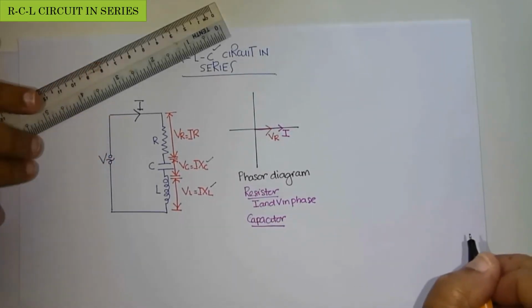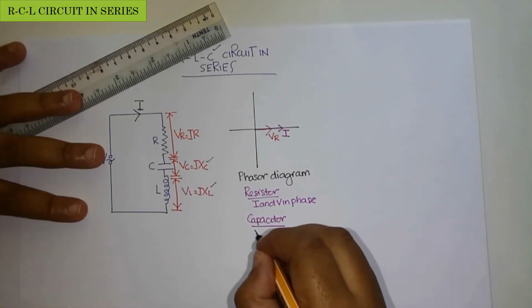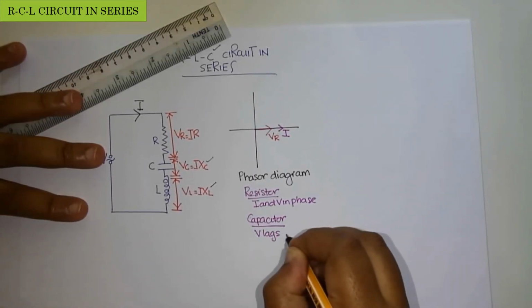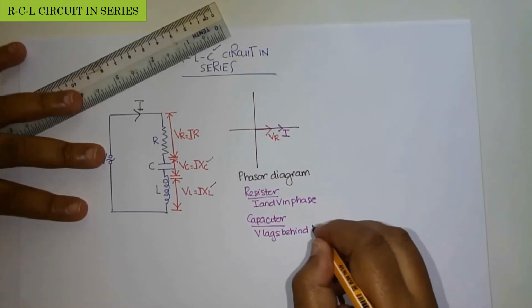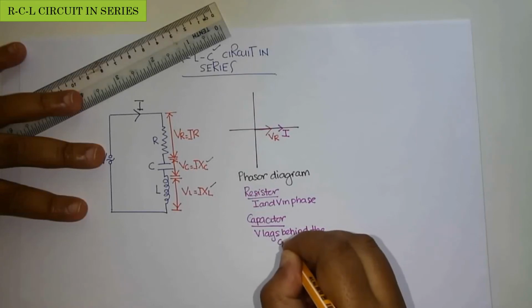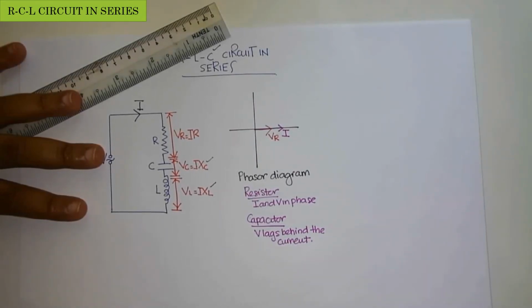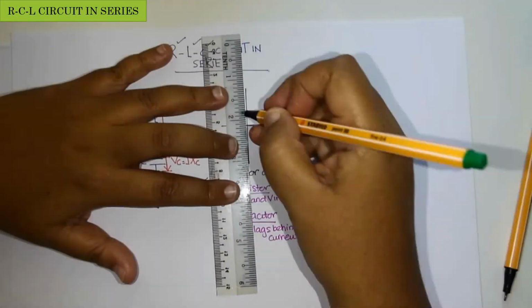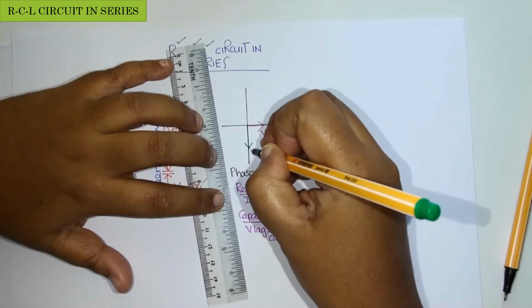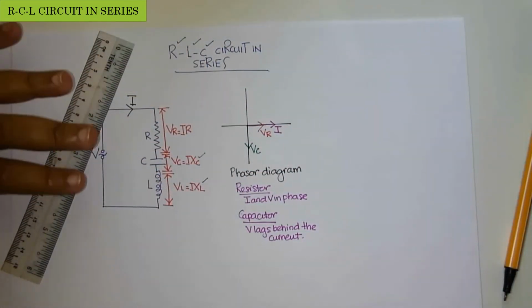With the capacitor, what do we know? VC lags behind the current by pi over 2 radian, correct? So if I want to draw, it will look somewhere like this. This will be VC, lagging by pi over 2 radian.